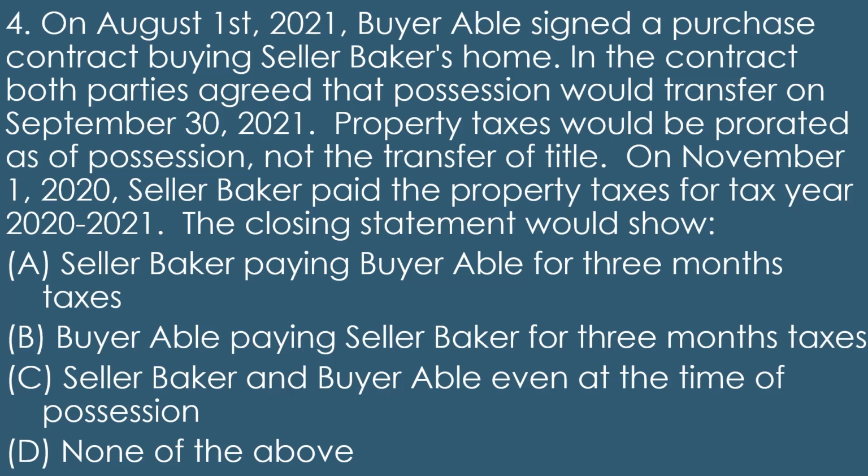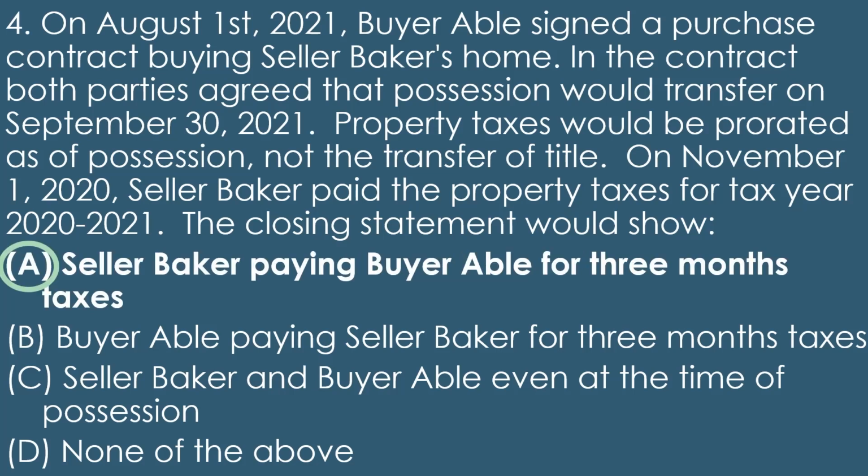So even at this point for the 2021 to 2022 property tax year, the property taxes aren't due until November 1st, 2021. And that's why escrow is going to take into consideration to make sure it is fair for this property tax year. So the best answer out of all of these is Seller Baker paying buyer Abel for 3 months of property taxes to make sure it is fair.